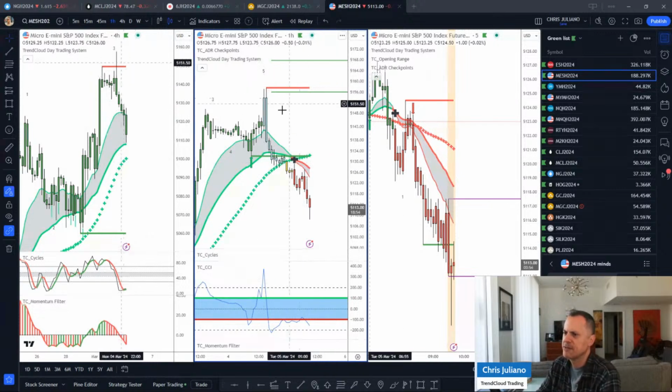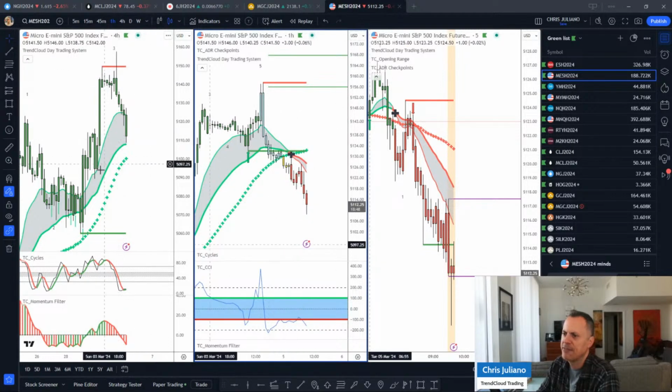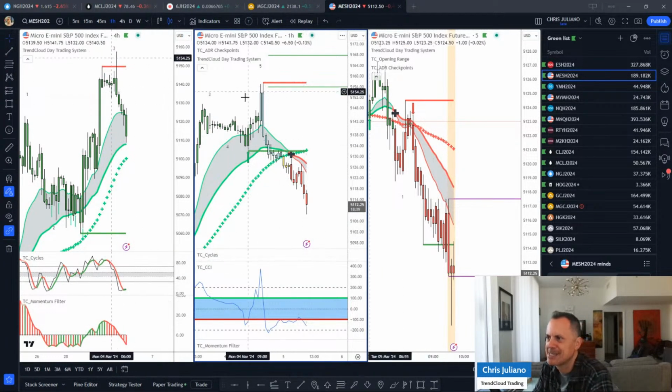So here's the situation that we wanted to be in. This is just like the gold trade. So we've got this uptrend where we are cycling down, momentum is down, extended trend. This is actually even more powerful than the gold trade.